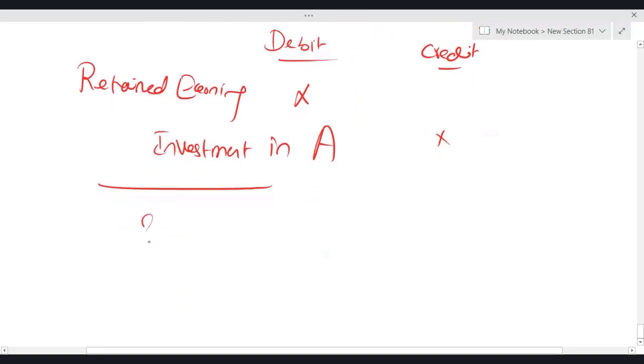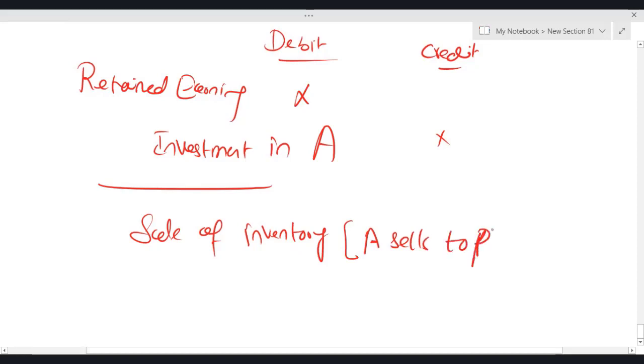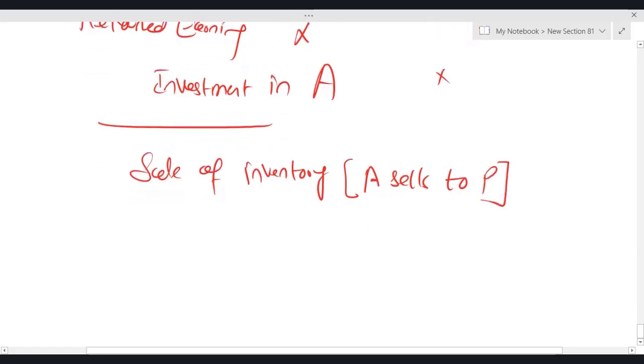Now, sale of inventory. Associate sells to parent. Debit and credit.